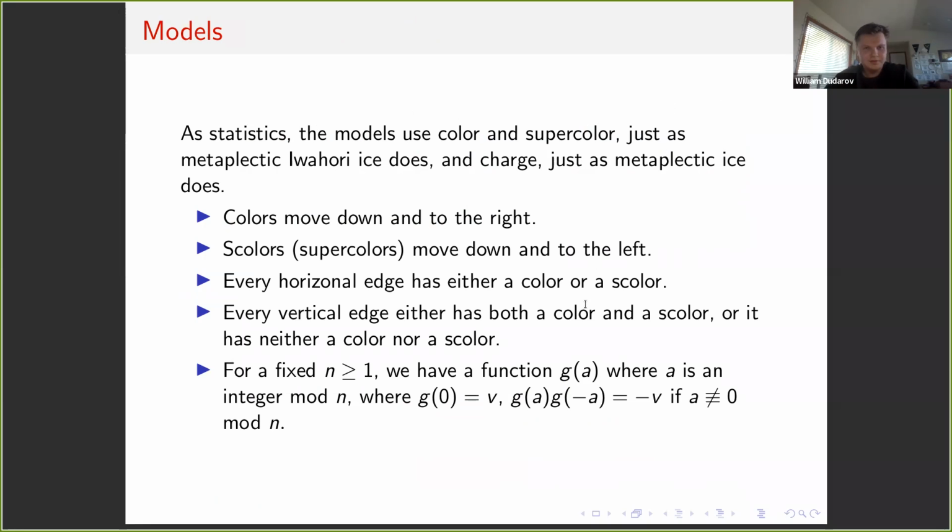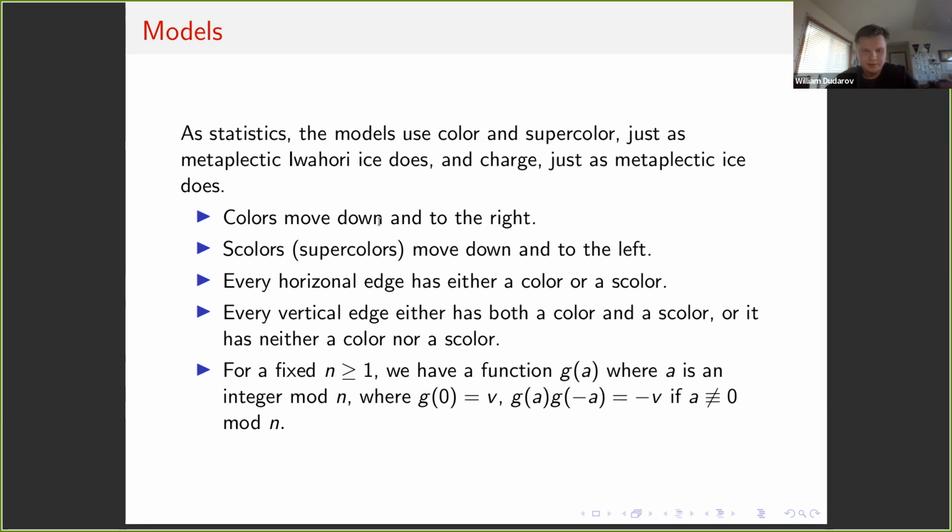So our models use as statistics color and supercolor and charge. Colors move down to the right. Sorry, this is a little long. Supercolors move down to the left. Every horizontal edge has either a color or a supercolor, and every vertical edge either has both a color and a supercolor, or it has neither of those, so neither color nor supercolor. And it also has a charge statistic. So we have this function.